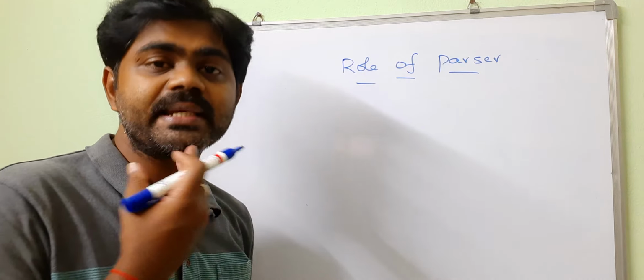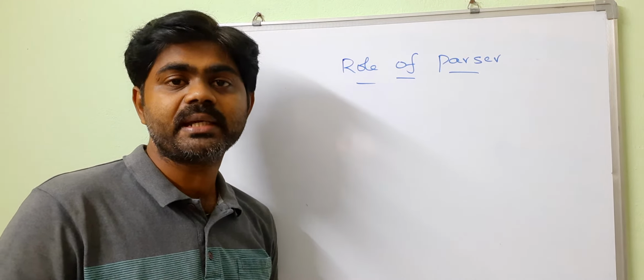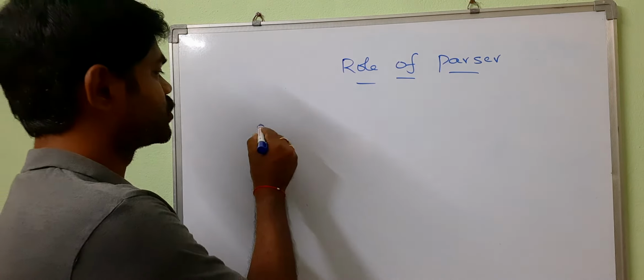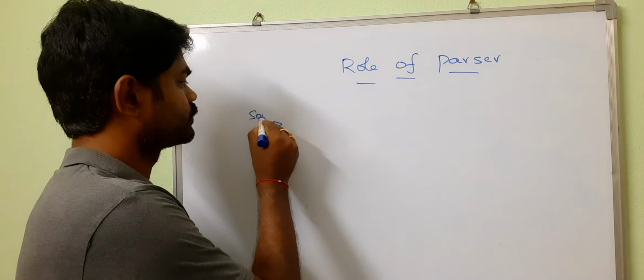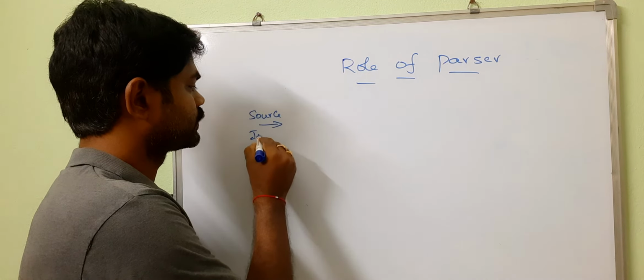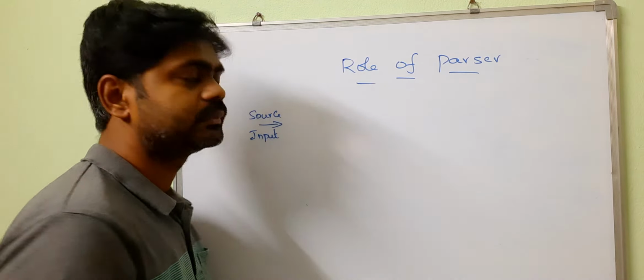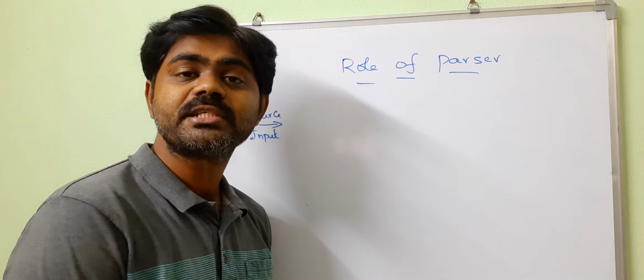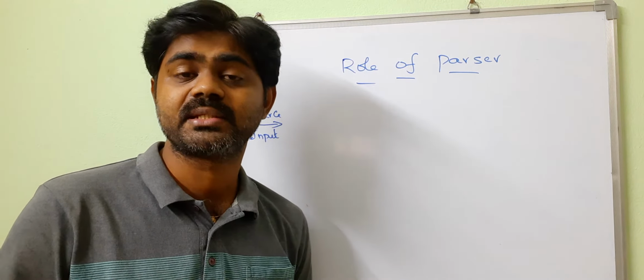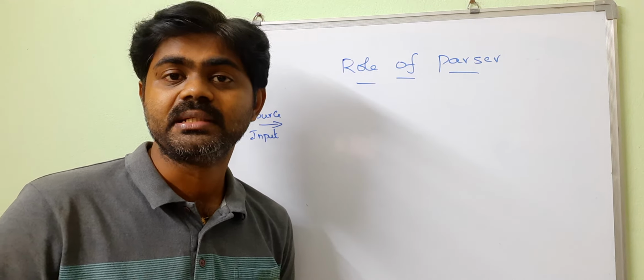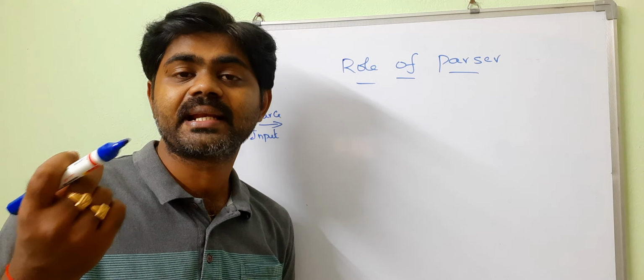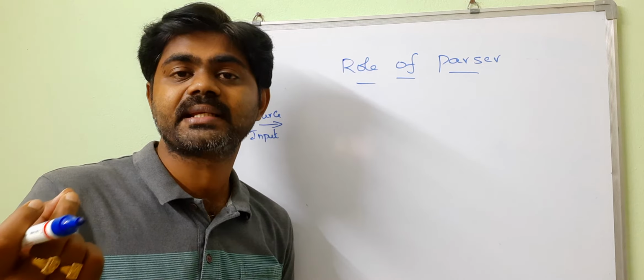Now, we are taking a source input here. First, we have a source input, and that source input is given to the lexical analyzer. The lexical analyzer will perform the lexical analysis task.